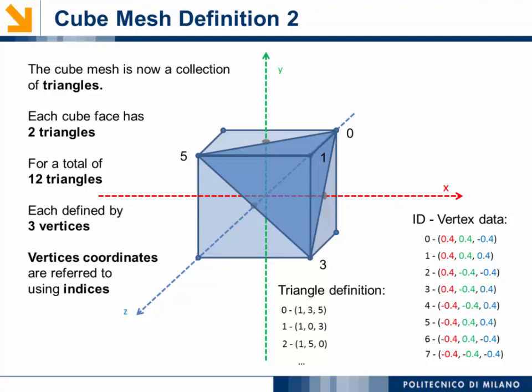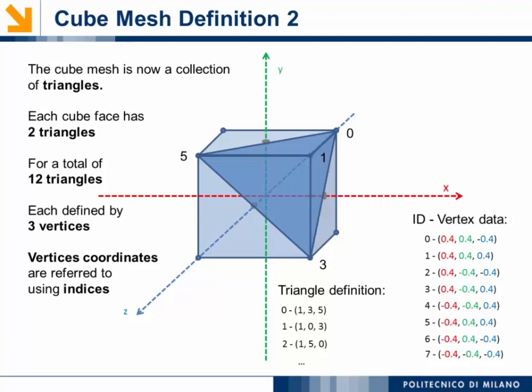We don't only have vertices now, we also need to define triangles. In order to avoid the problem of redundant vertex definition, a technique that allows you to refer to a given vertex by a value is used. It is the index.